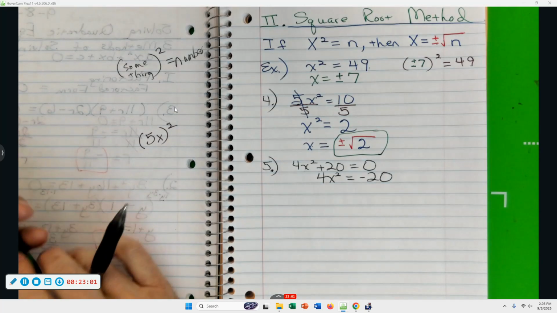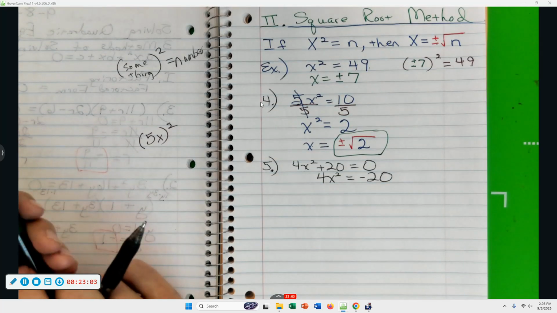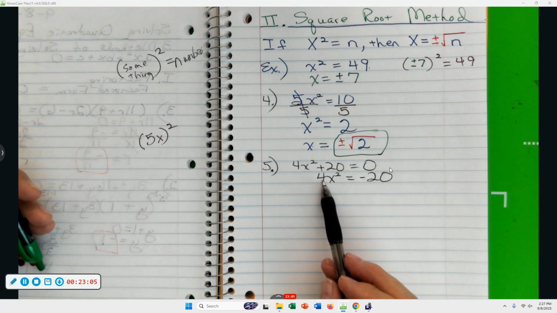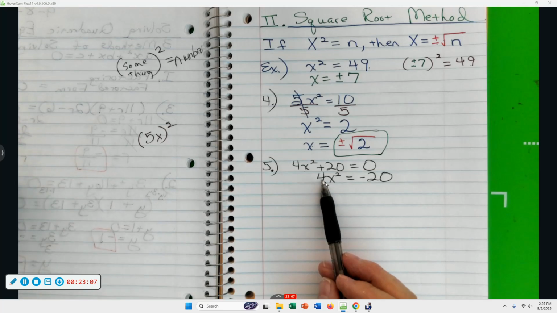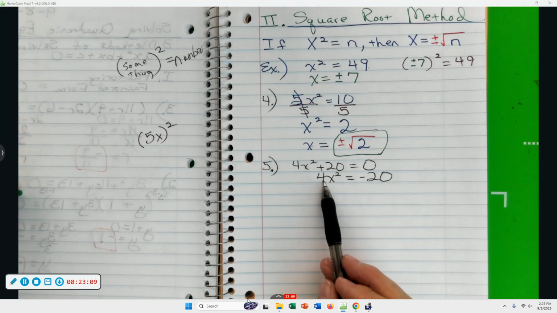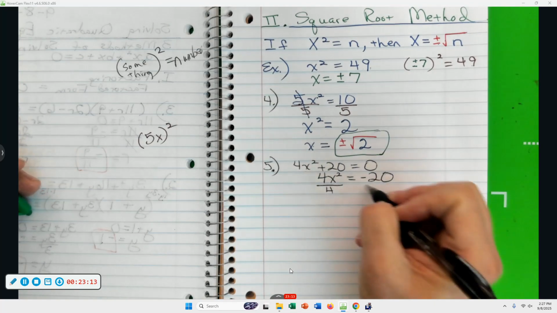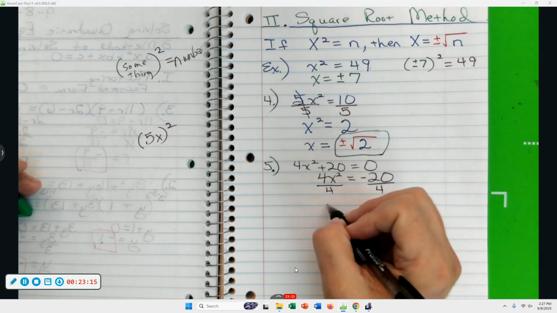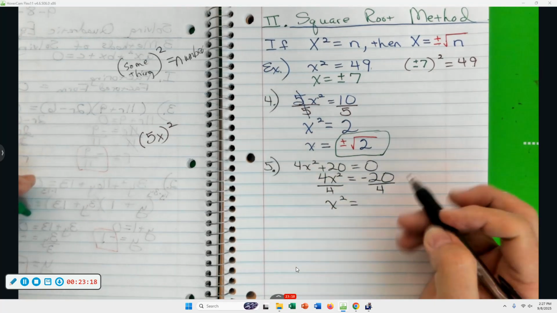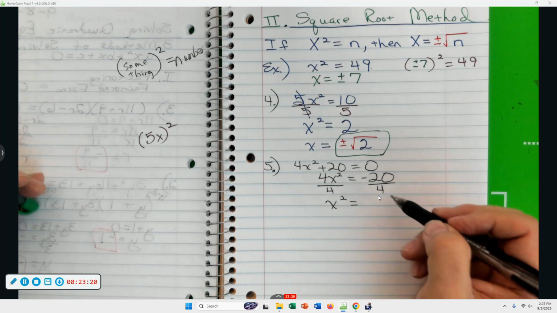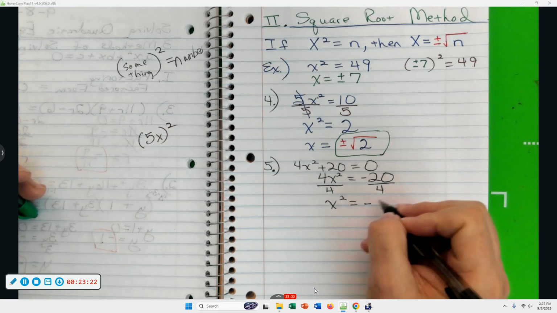And now it's sort of like number 4, but can we leave that 4 there? No, what are we going to have to do? Divide by 4. 4 is not being squared, so that gives me x squared equals negative 20 divided by 4, which is negative 5.